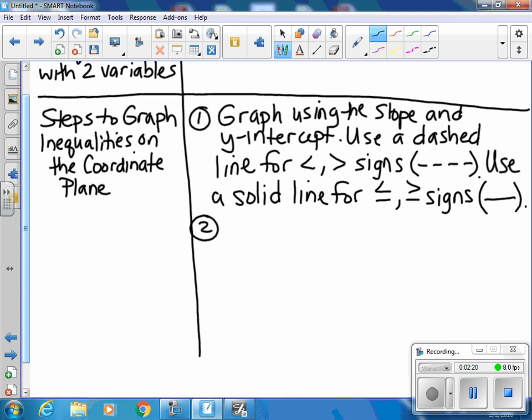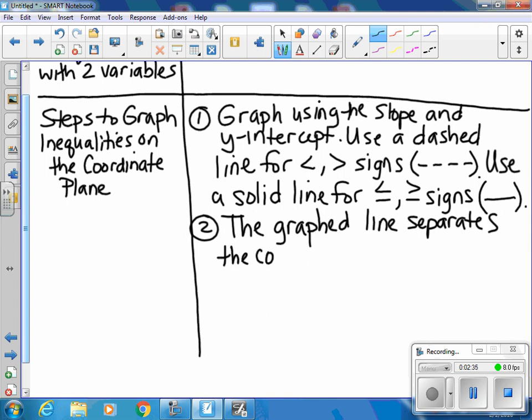Then the second thing that you have is the graphed line. Now that you have your line drawn, it separates the coordinate plane into two halves.